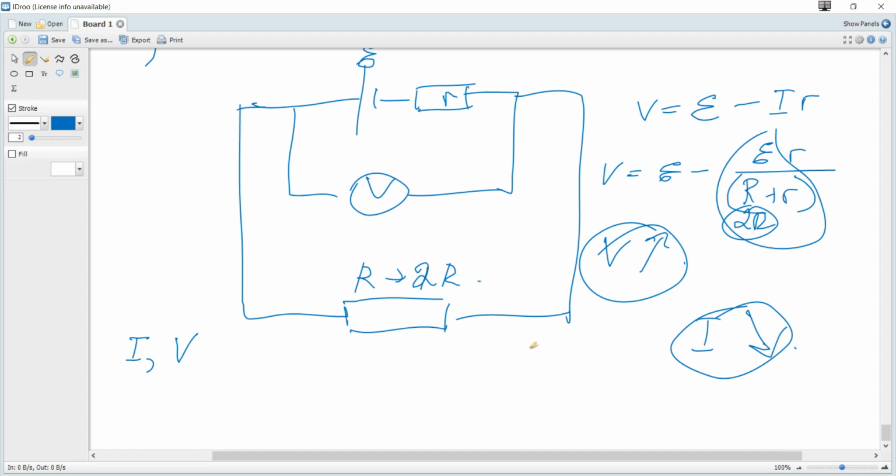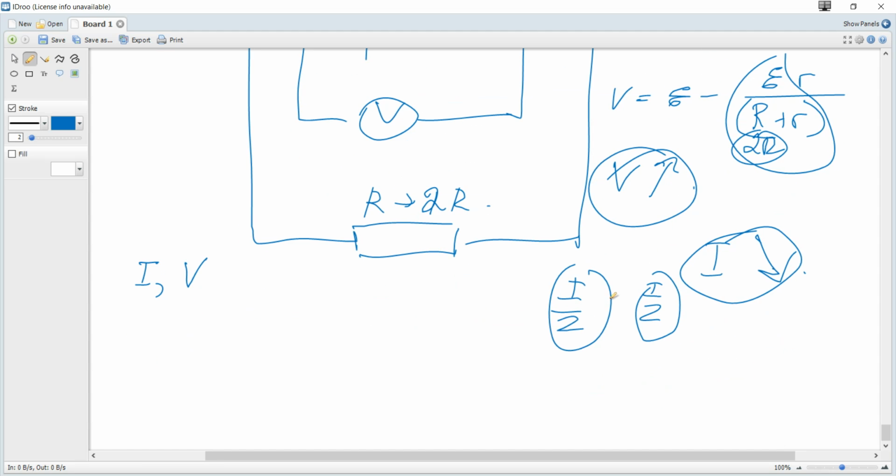No, just a moment. Oh no, the current decreases, it's correct, but the options are greater than I over 2 or less than I over 2. So we should compare with I over 2.